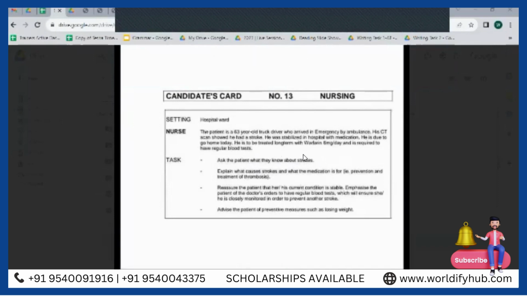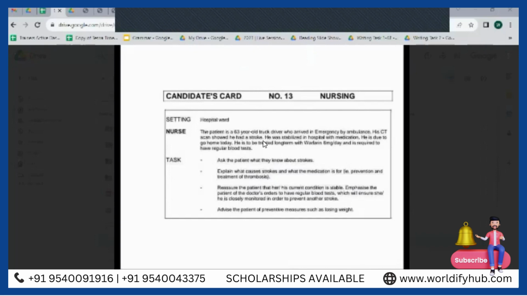He was stabilized in hospital with medication. He is due to go home today, and he is to be treated long term with warfarin 6 mg per day, and is required to have regular blood tests. So this is the main storyline of the role play.